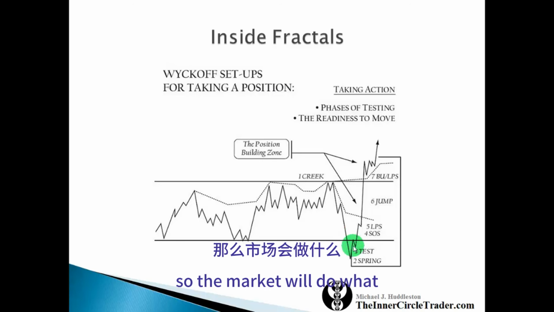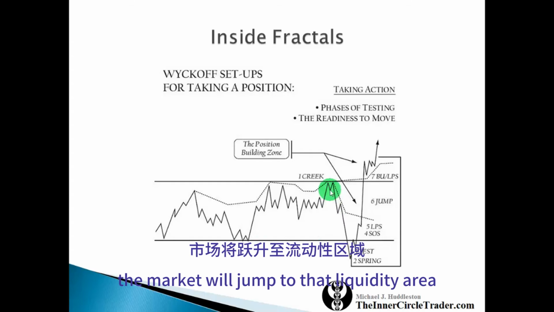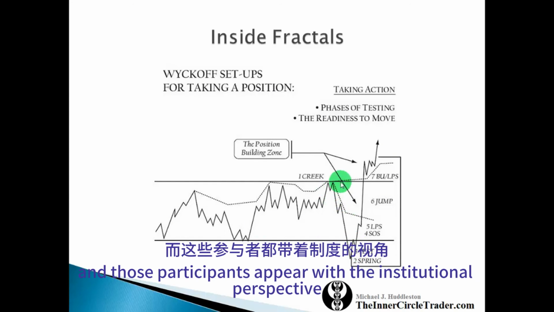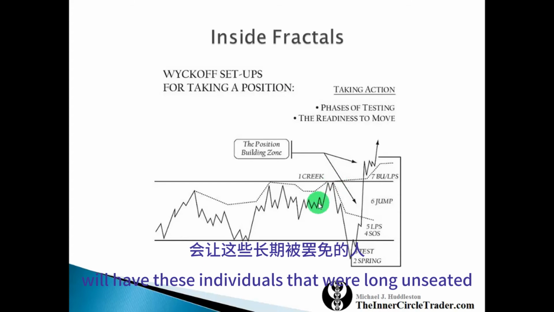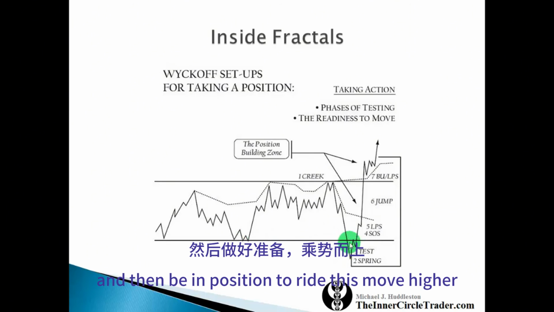So the market will do what by default? It will pair those orders together. The market will jump to that liquidity area, fill those orders, and those participants up here with the institutional perspective will have these individuals that were long unseated, buying at a lower price better than they did here, and then be in position to ride this move higher.